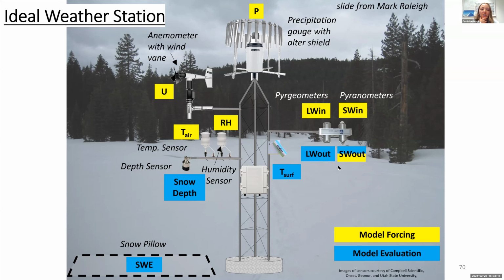Yeah, I think that's a great question. In general, you can look at the SNOTEL sites and see that you have snow depth, so the snow pillow that we're seeing here, and most commonly air temperature and precipitation. So I would say that's what you would see in most SNOTELs.